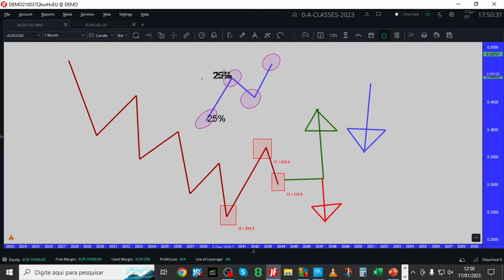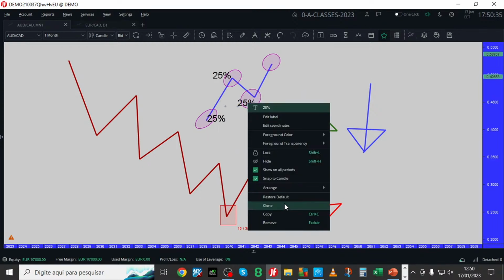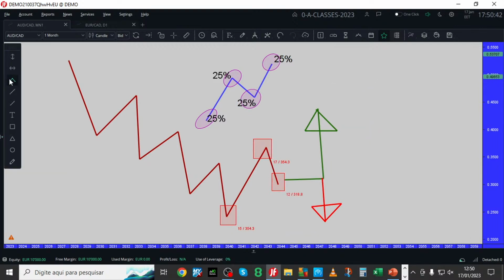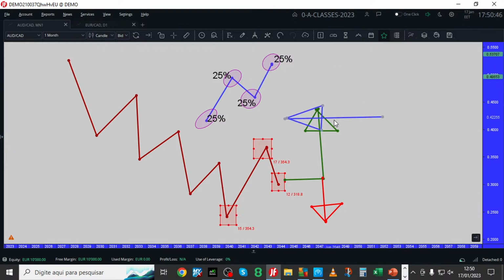So question, are you buying an uptrend? If the definition of the uptrend is minimum 2 highs and 2 lows, where the second high is a higher high and the second low is a higher low, and you have something like this, what are you buying? I'm buying an uptrend.